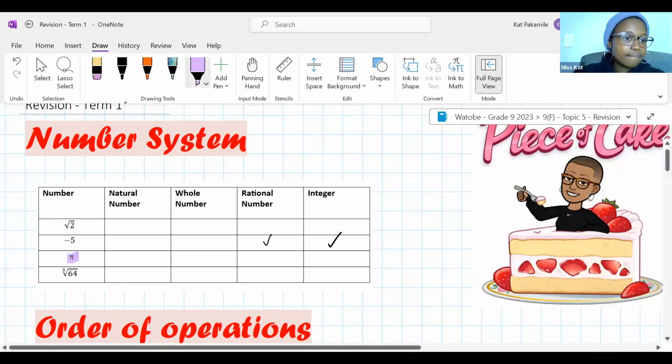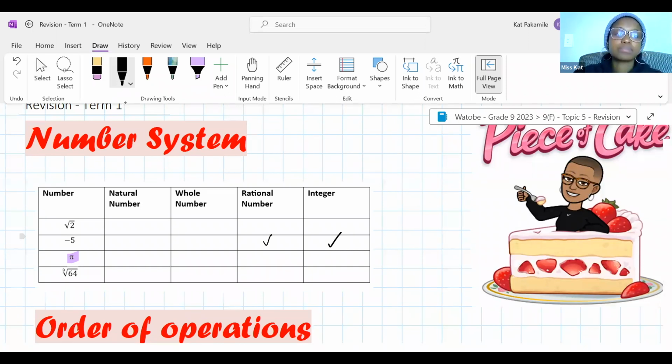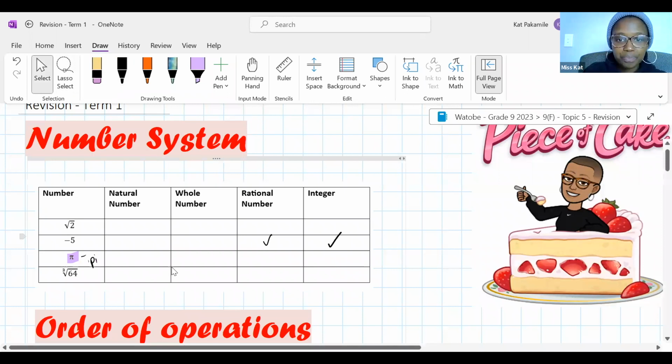It's an irrational number because it is not a whole number. It is not a rational number. It is not even an integer. So it's none of these. But what do we call this number? It's pi. We call it pi. Don't forget that. Pi. Not the pie we eat, guys. I like food, but not that much. It's just pi. Okay, it's not PIE.